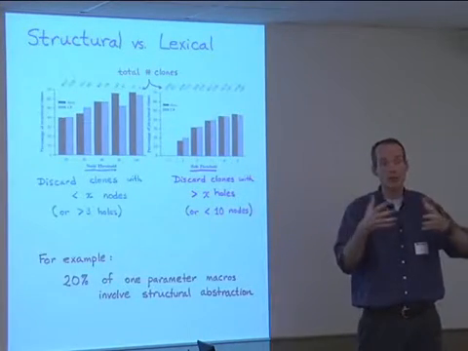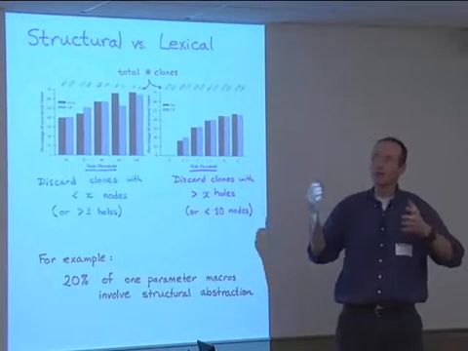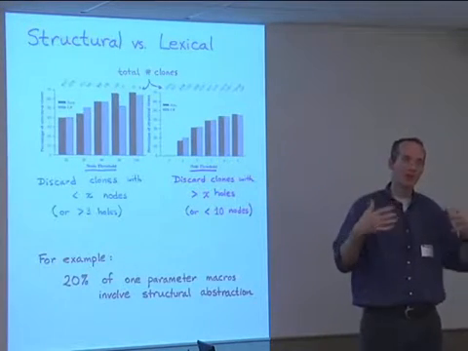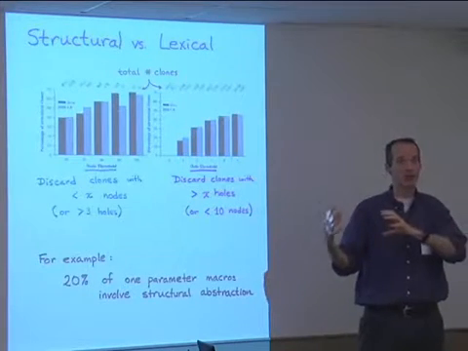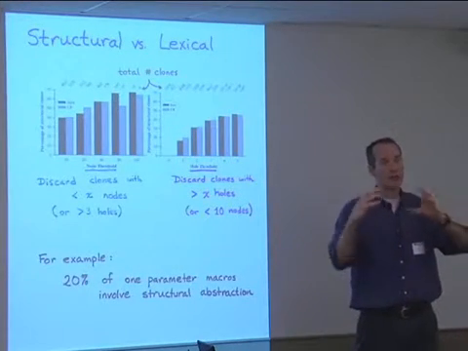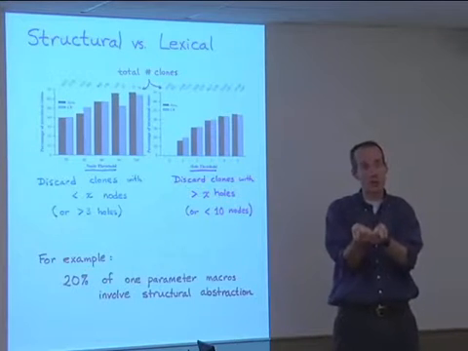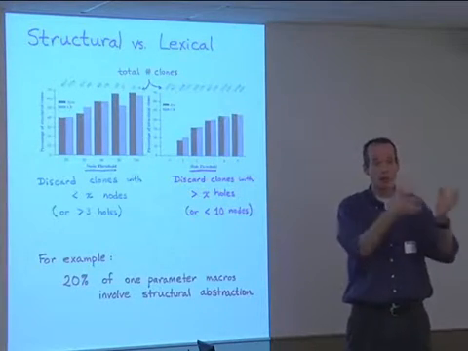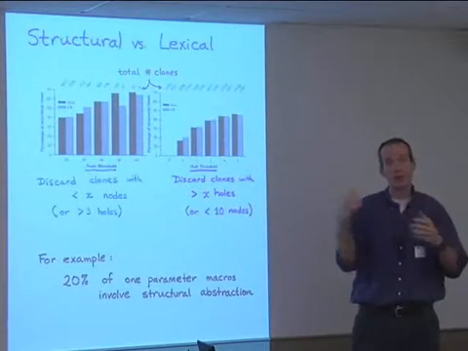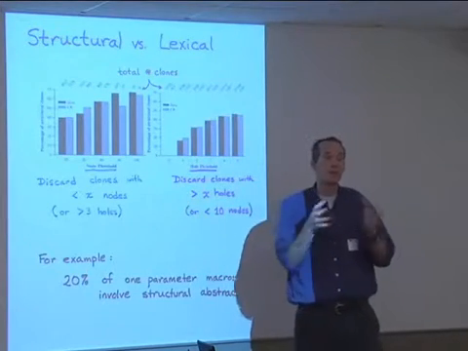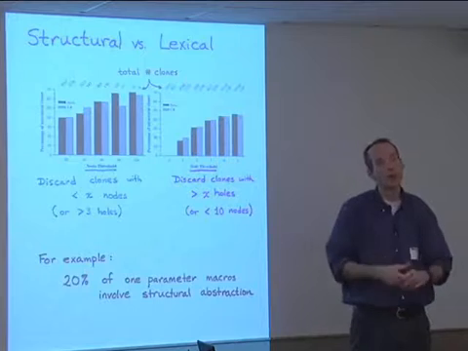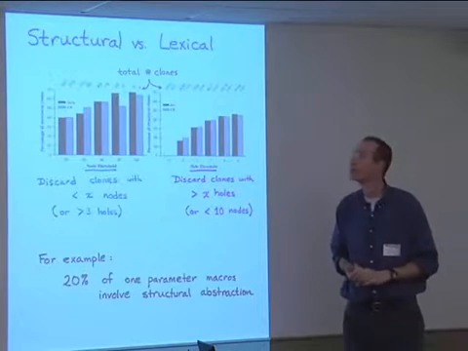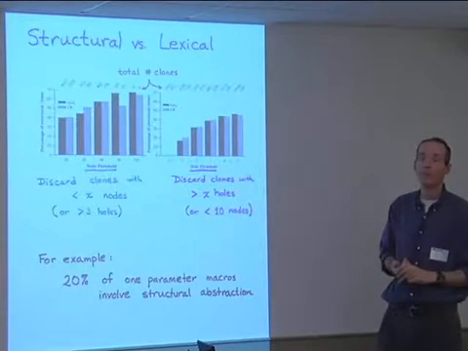The definition of whether the clone is structural or lexical is not based on the clone, but on its occurrences. So if a clone has an occurrence which has a structural parameter in it, then it's a structural clone. Bigger clones give you more potential to capture a structural parameter.